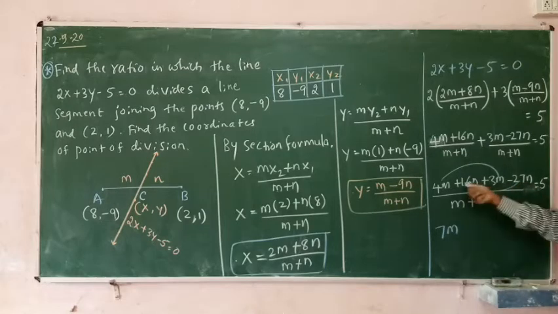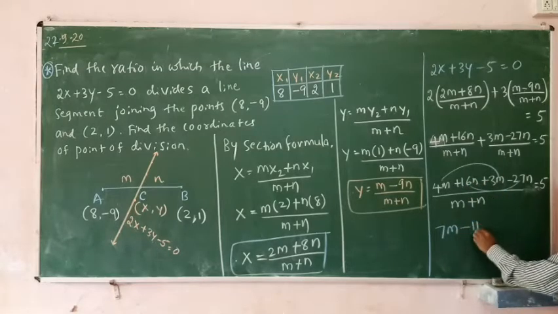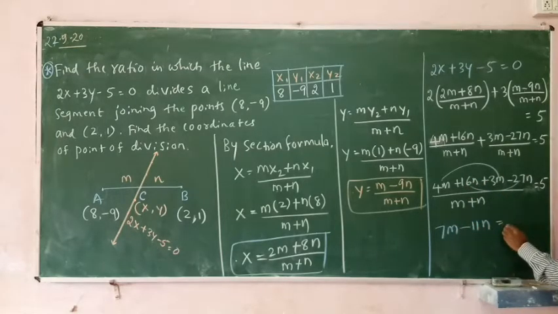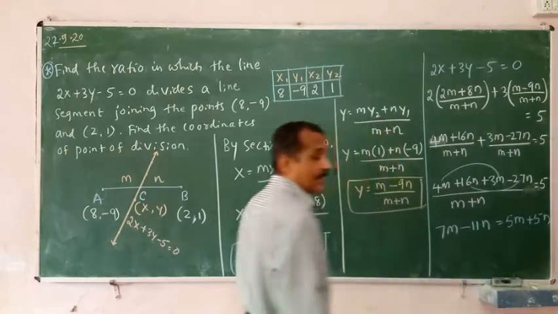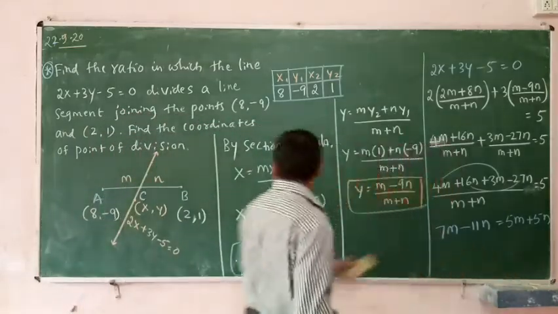Simplify this: one plus and one minus, bigger number minus smaller number, 27 minus 16 gives you 11. Minus 11n is equal to, cross multiply, 5m plus 5n. My dear children, they asked you the ratio. We are almost nearing the answer.